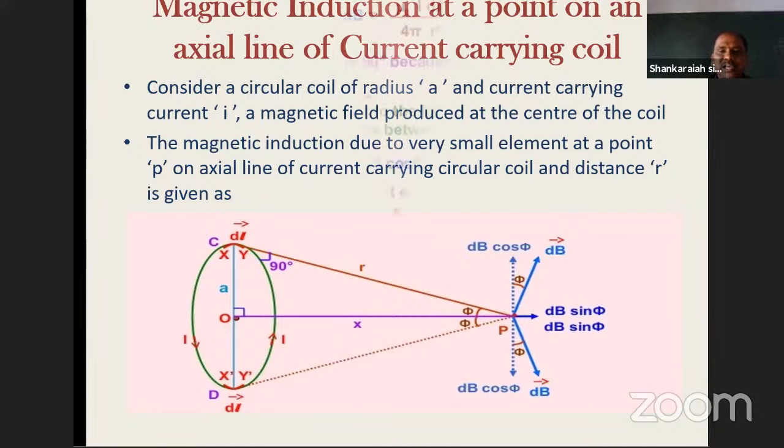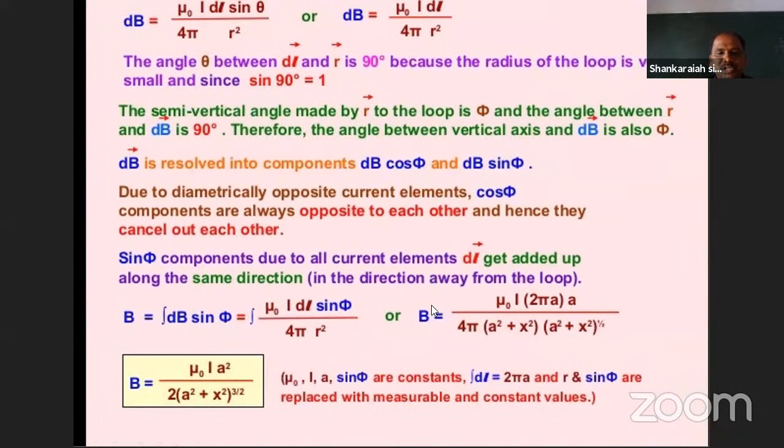Next, listen to my concept. Here we have 2 pi a, and sin phi is equal to the opposite side a divided by the hypotenuse r. But r is equal to a square plus x square whole power 1 by 2, according to the Pythagoras theorem.